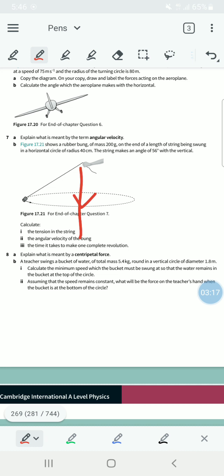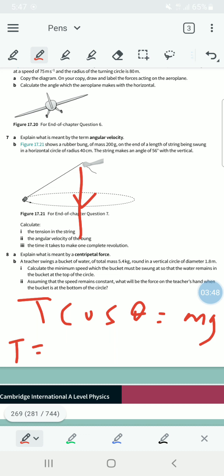So you probably must have found out the answer, that is 3.5 N. When you do this calculation, T cos theta is equal to mg. Then you divide both sides by cos theta. Then you get T equals mg divided by cos theta.